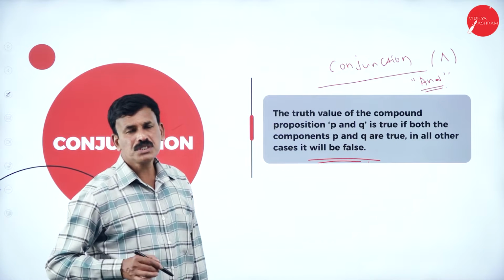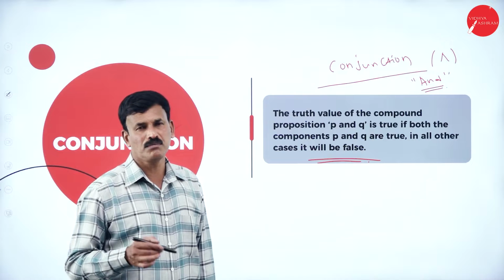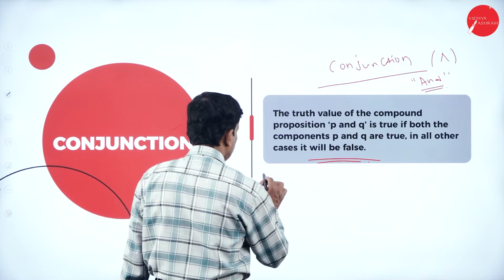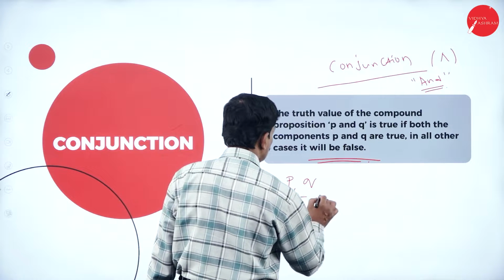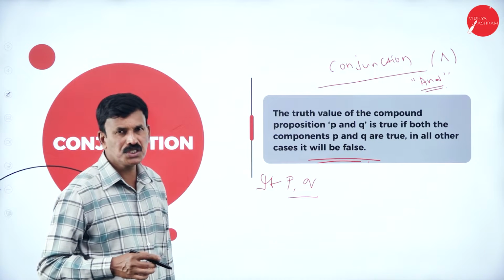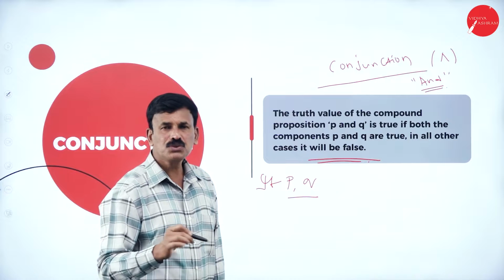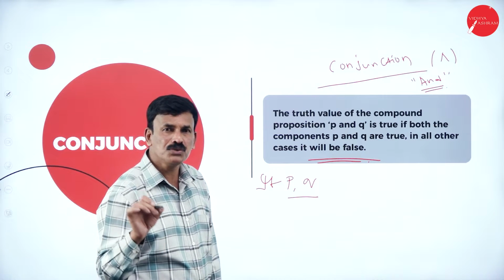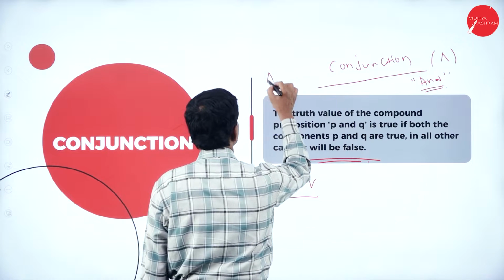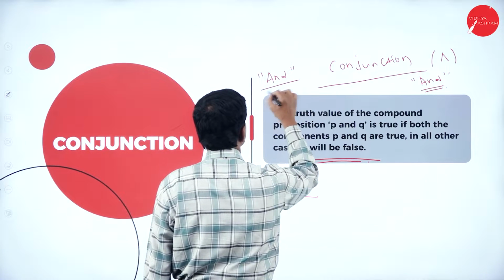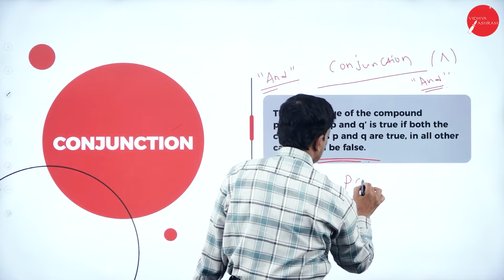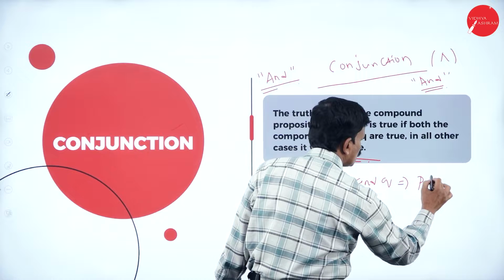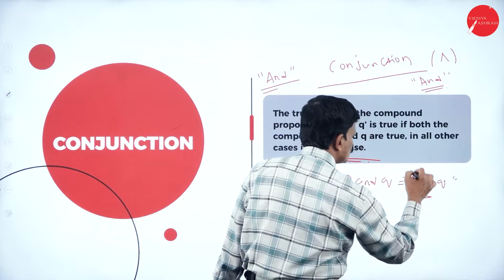If P and Q are any two simple propositions, they are combined using the connective and, that is conjunction, written P and Q, or P conjunction Q.